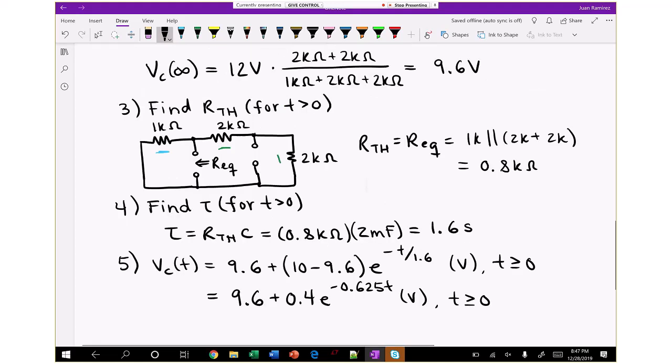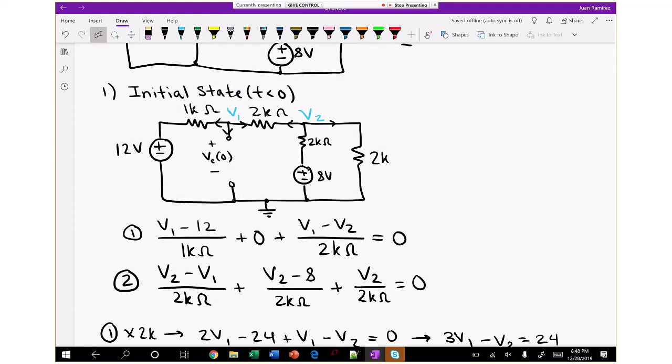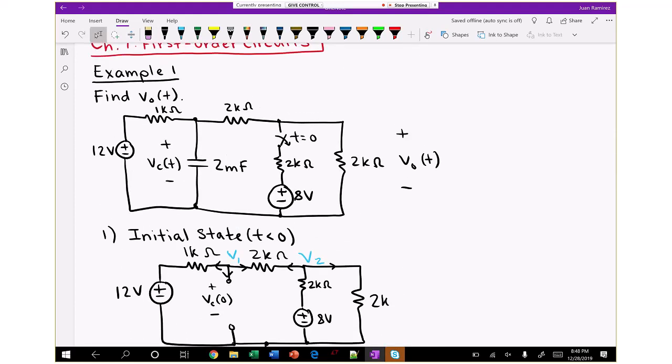So let me go back to that initial circuit. Okay. The 2K ohm at the very right. After the switch opens, the 8-volt source is no longer in the circuit. Therefore, after the switch opens, the capacitor voltage is actually just the voltage across both of those 2K ohm resistors that are in series.